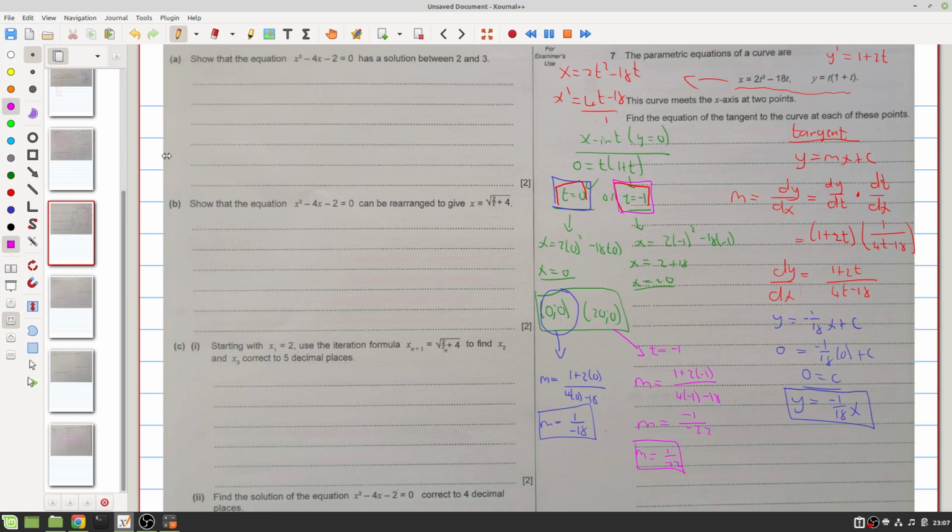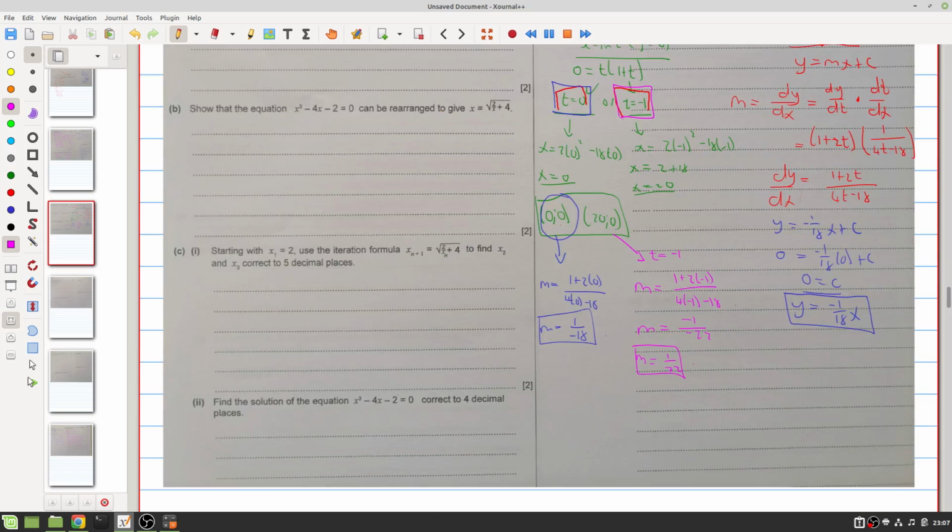And then at the other point, we also have the gradient so far. So far we know it's y equals 1 over 22 x plus c. And to find c, we substitute in this point. So y is 0 when x is 20, plus c. So this gives us 10 over 11.